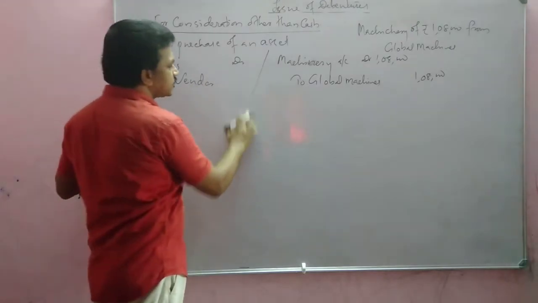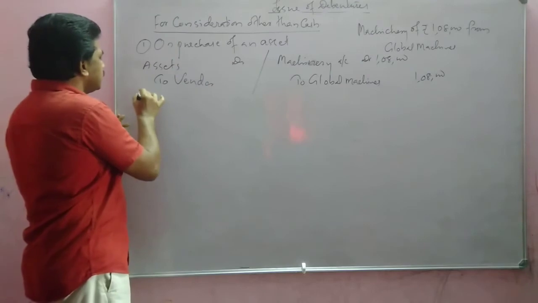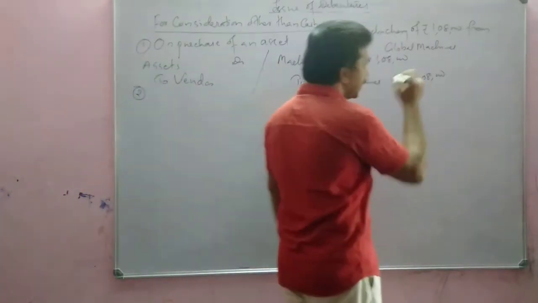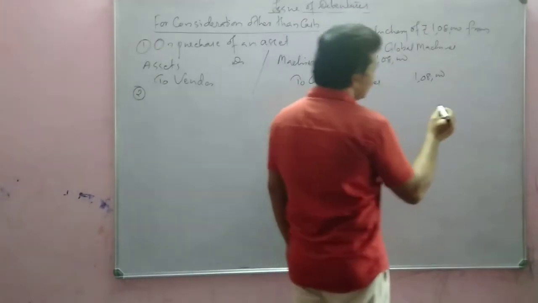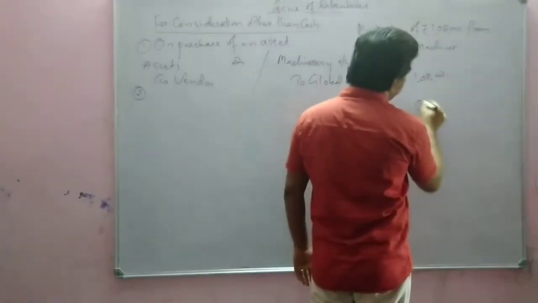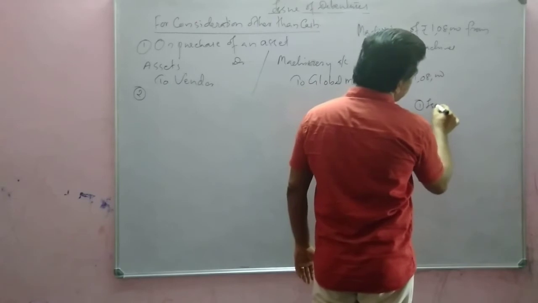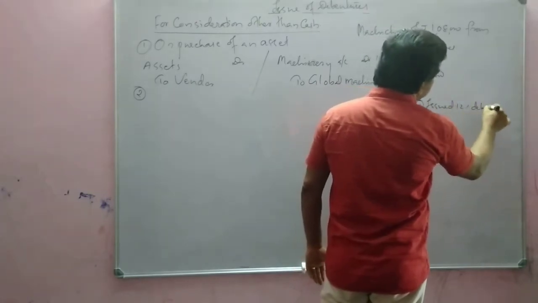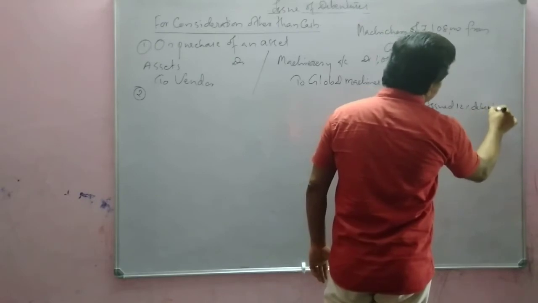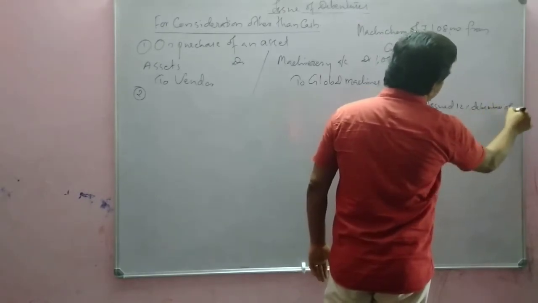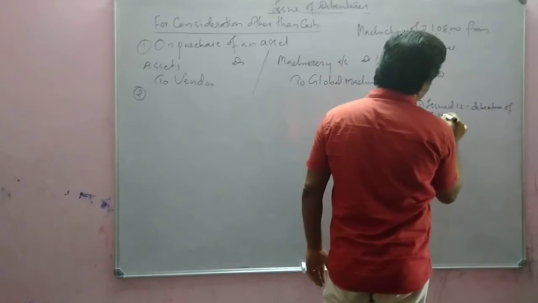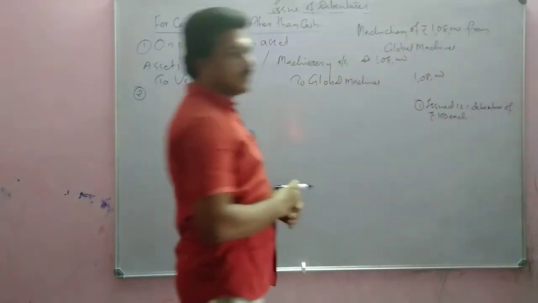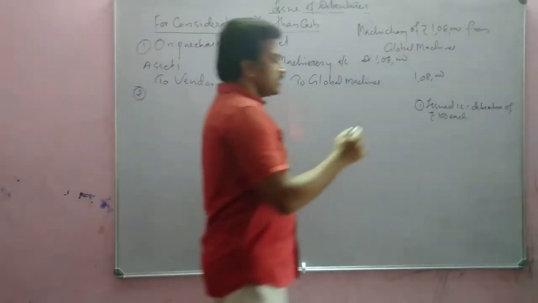Then let us see the next transaction. Here we purchase the machine, and instead of that, first we are issuing debentures. Issued 12% debentures of rupees 100 each.